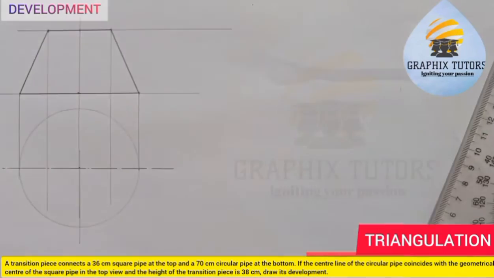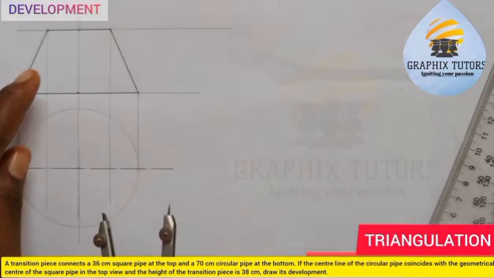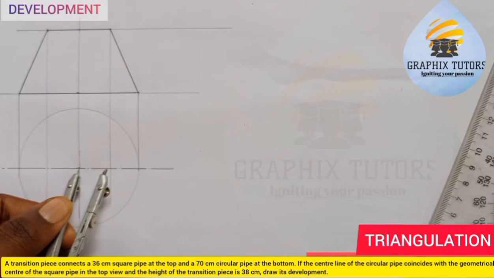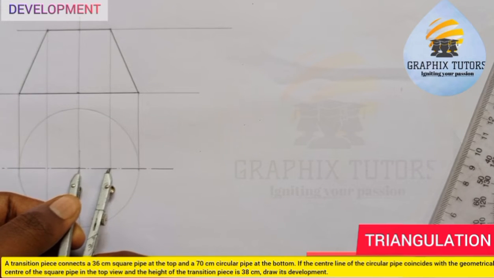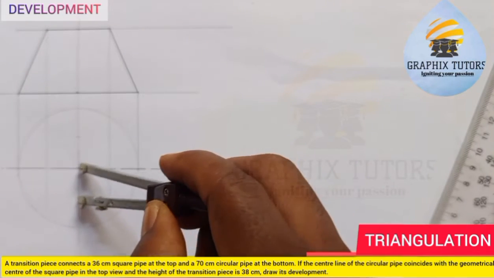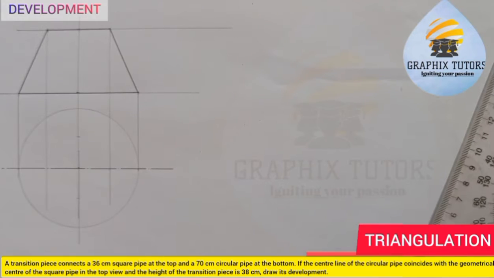Now, since the top here is square, all the sides are equal. So I'll take the measurement of this. I'll mark up and I'll mark down. This will help me to cover this up in this fashion.